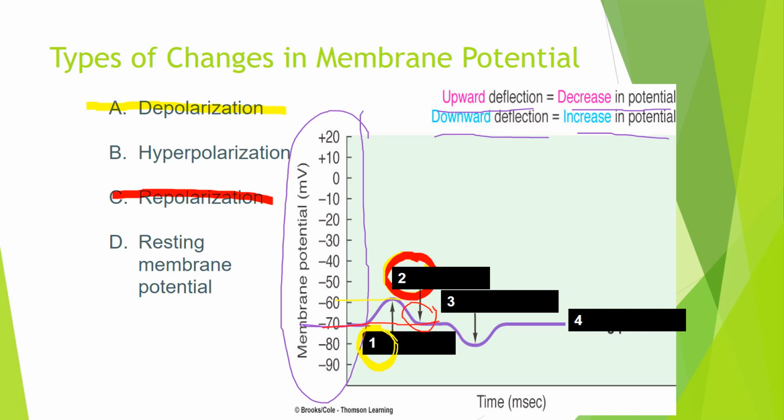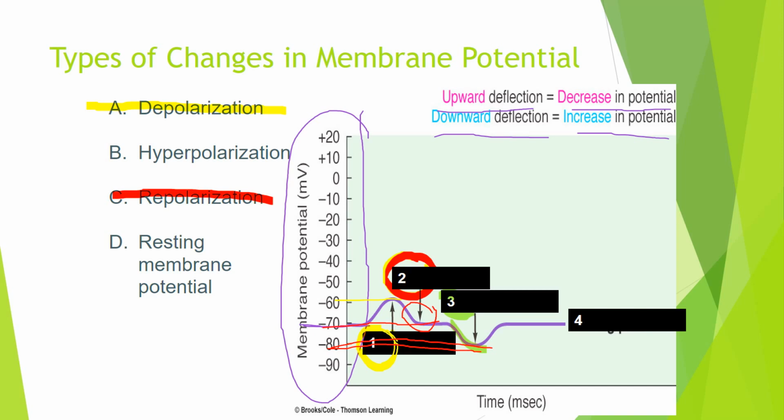Then at stage 3, here, we have an even further negative deflection, or downward deflection. So we are continuing an increase in potential. If we look at the voltage now, here we're about at negative 80.